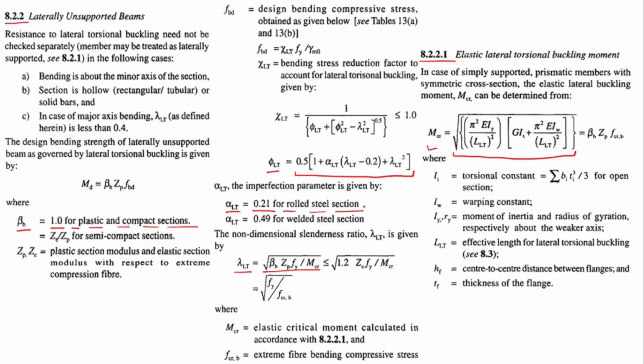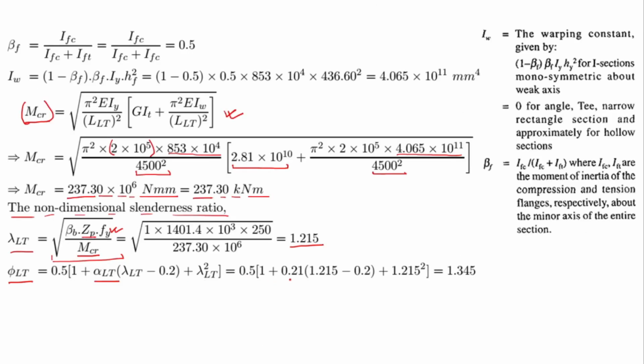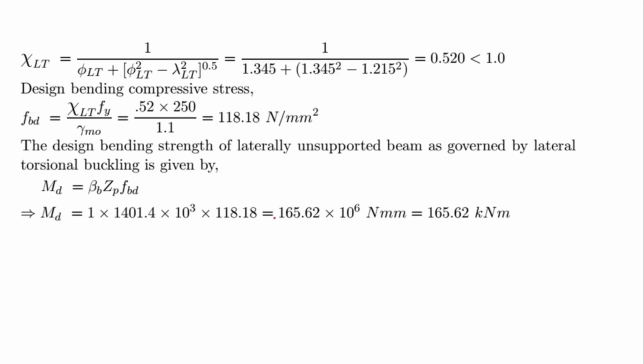As our beam section is a roll steel I section, so it will be 0.21. Then lambda LT we have calculated 1.215, and then again lambda LT value we have to put. Finally, phi LT is calculated as 1.345. Then you have to calculate xi LT.